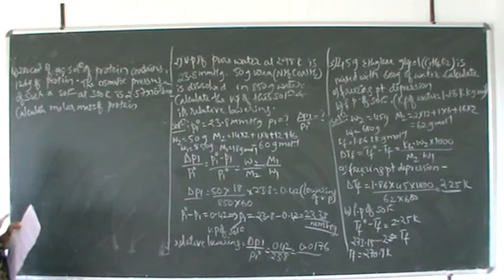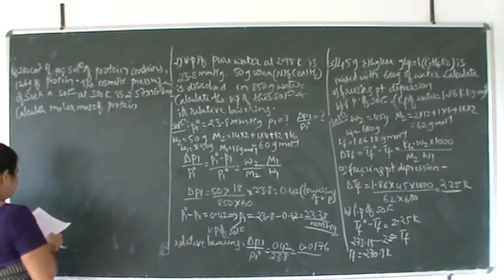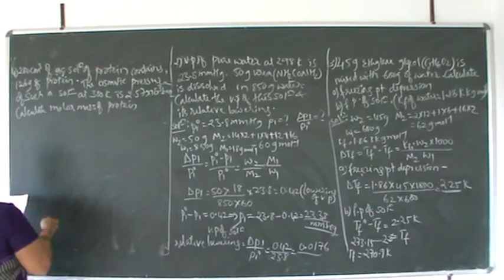But most of the students have made a mistake, so I am solving it here, and you just check your answer with this solved answer. Okay. So here first write the given.